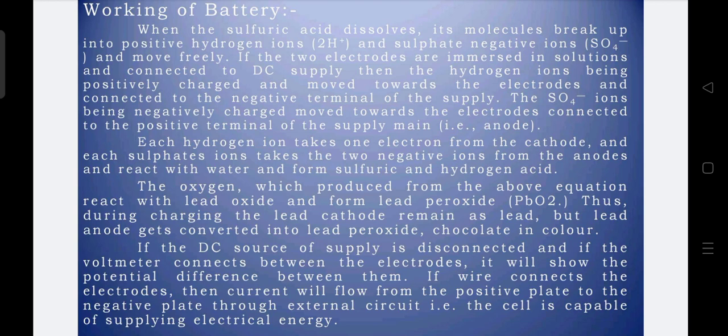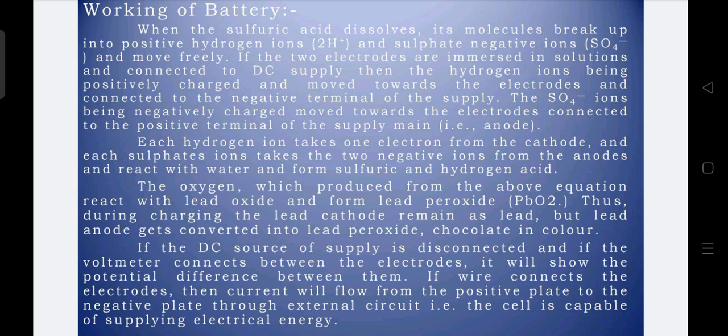If two electrodes are immersed in the solution and connected to a DC supply, then the hydrogen ions, being positively charged, move towards the electrode connected to the negative terminal of the supply.